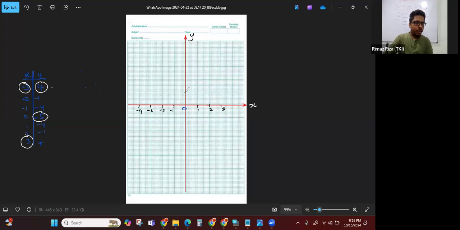And here we can mark the y values 1, 2, 3, 4, and minus 1, minus 2, minus 3, minus 4, minus 5, minus 6.